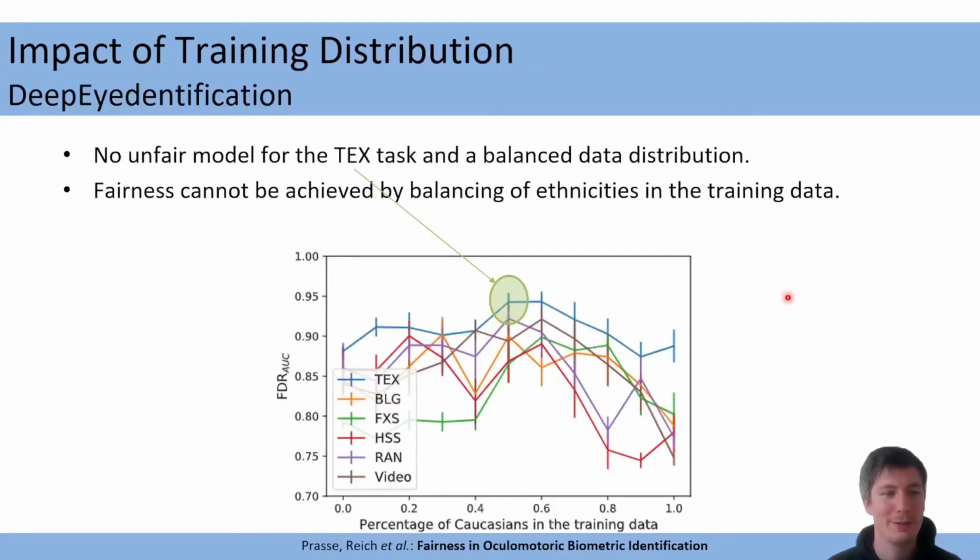Looking at the deep identification model, we can see for balanced training data distribution for both ethnicities, only one task is fair, the reading task. So in total, we can summarize that fairness cannot be achieved by balancing the ethnicities within the training data.